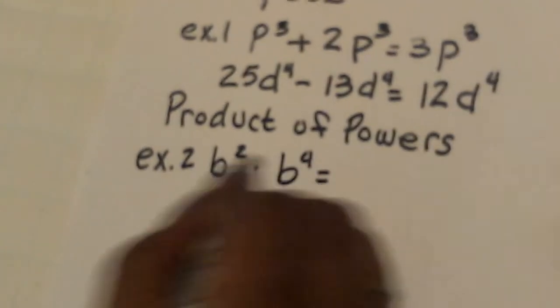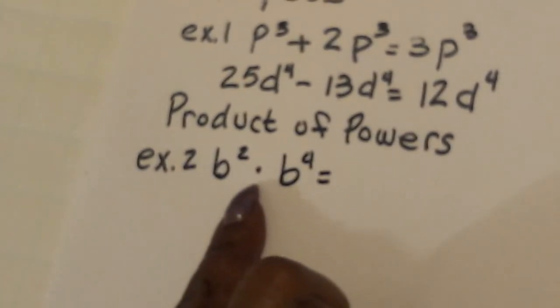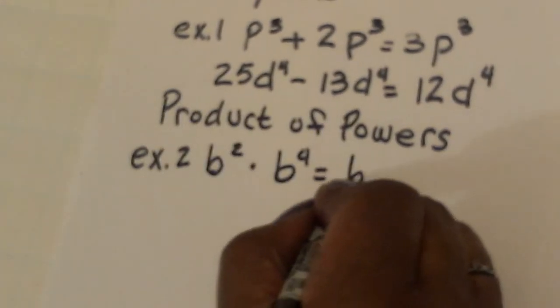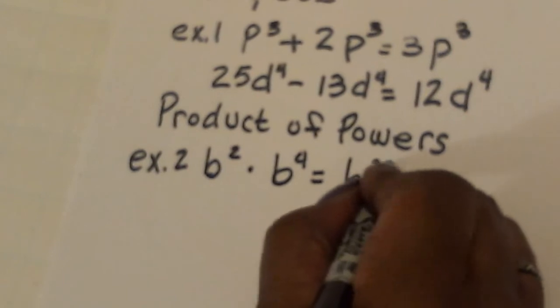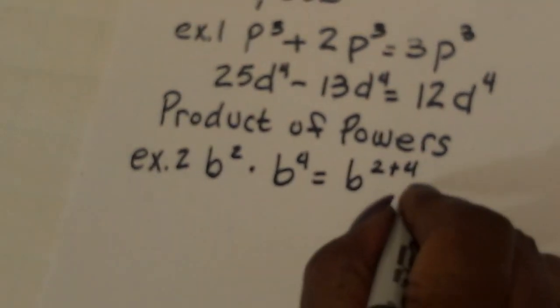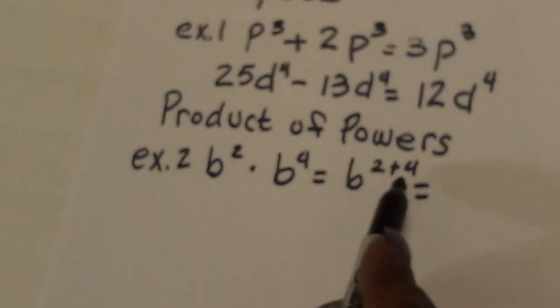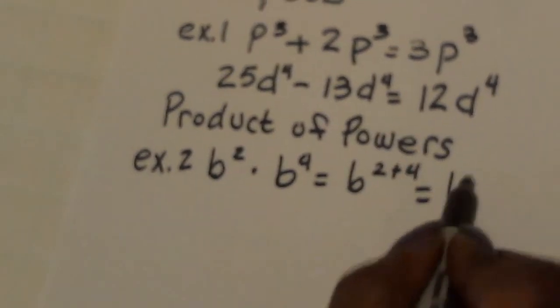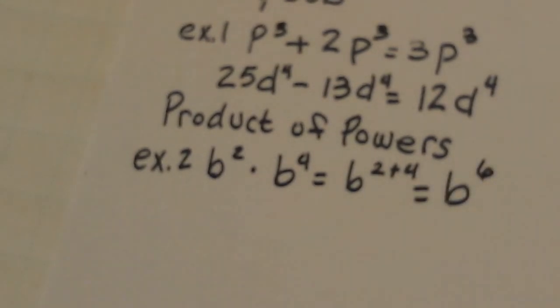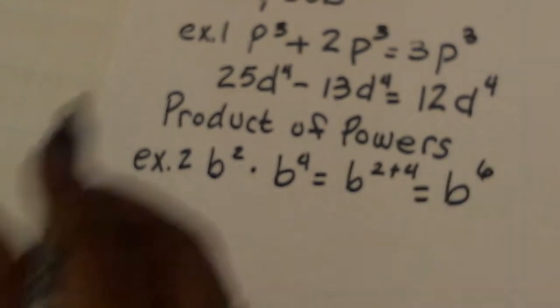We're multiplying. That's where the product comes in because they're asking you to multiply. When that happens, all you have to do is add the powers. So I get 2 plus 4, which is 6. So the answer is b to the sixth power. All you have to do is add the powers.